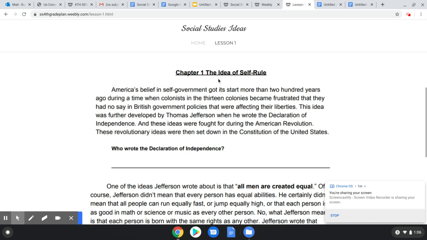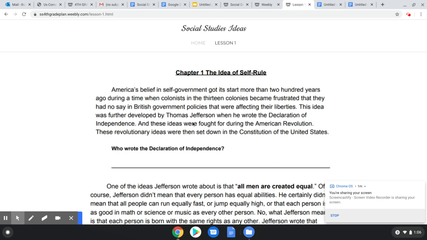Starting off, Chapter 1, the idea of self-rule. Americans' belief in self-government got its start more than 200 years ago during a time when colonists in the 13 colonies became frustrated that they had no say in British government policies that were affecting their liberties. And we can remember when they say they had no say, remember the ideas of no taxation without representation.